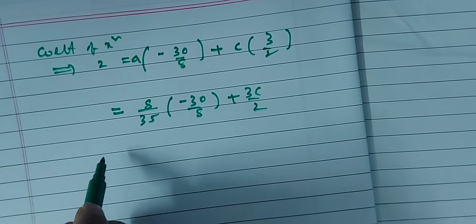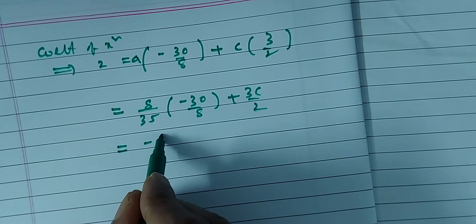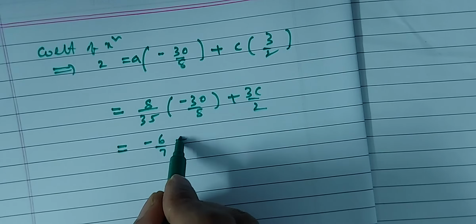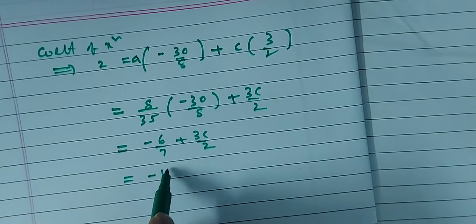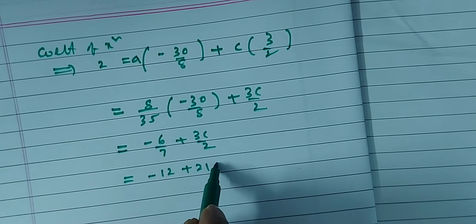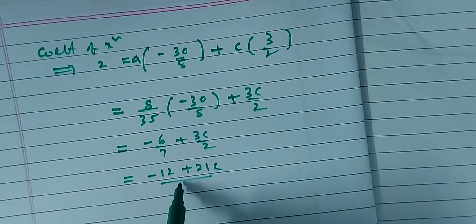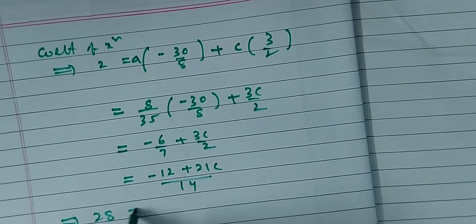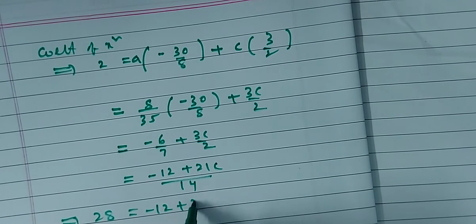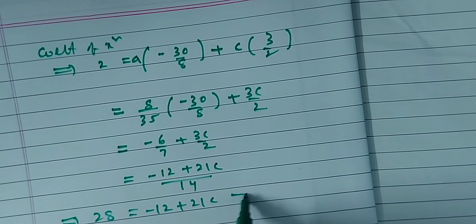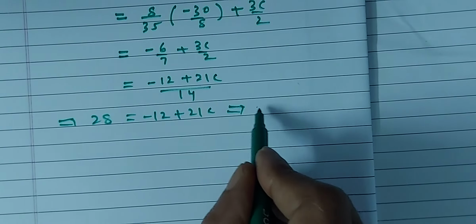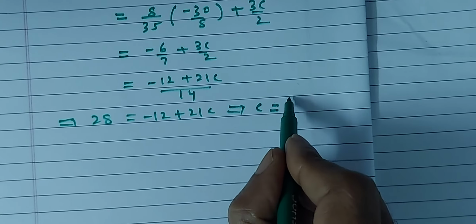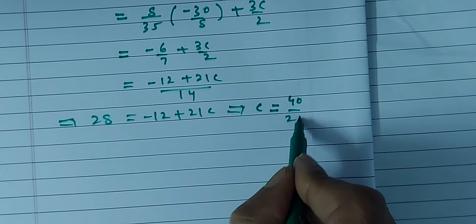This is equal to minus 6 by 7 plus 3c by 2, which with LCM is minus 12 plus 21c divided by 14, implies 28 is equal to minus 12 plus 21c, implies c is equal to 40 divided by 21.